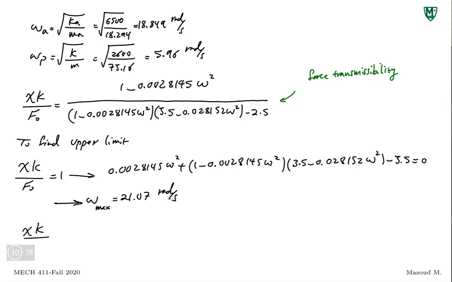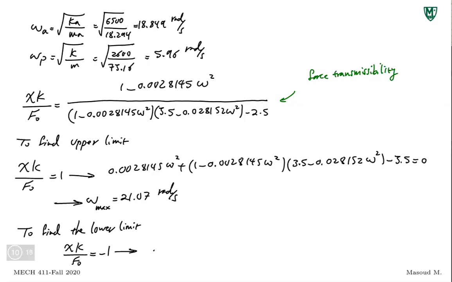For the lower limit, you put xk over f naught equal to -1.